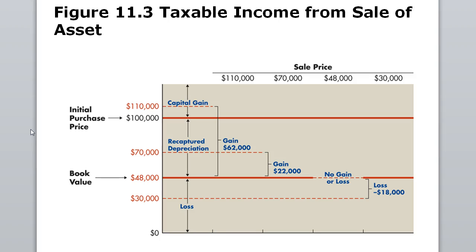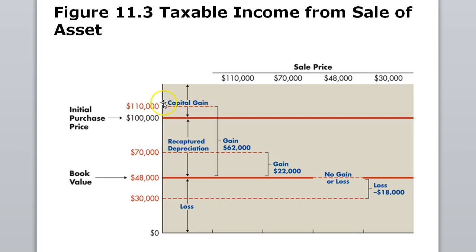Okay, so this is just a chart looking at, if the book value is $48,000. So if you sell it at $48,000, there's no gain or loss. If you sell the asset at $30,000, there's an $18,000 loss, the difference between the book value and the sale price.